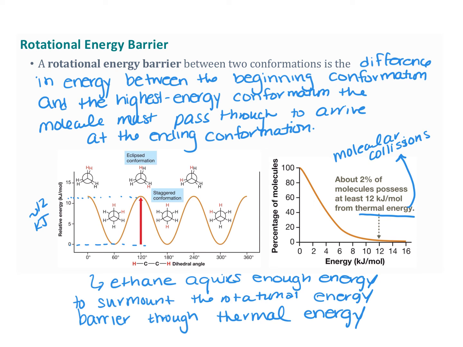All that's required is for a significant percentage of the molecules to exceed that energy at a given time. As we see from this figure, about 2% of the molecules at any given time have sufficient energy to overcome that energy barrier for ethane. But they don't all have to have it at the same time for this to be going on.